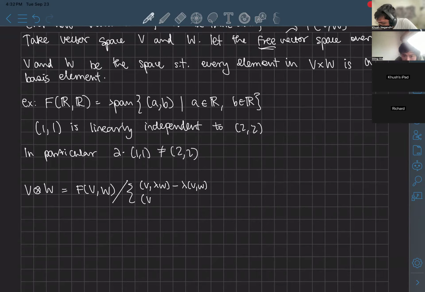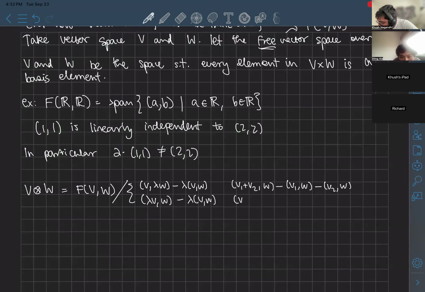Secondly, if it's in the first entry, we also want to be able to take it out. Another thing we want is that (V1 plus V2, W) is the same as (V1, W) plus (V2, W), so we should be able to break out the things.